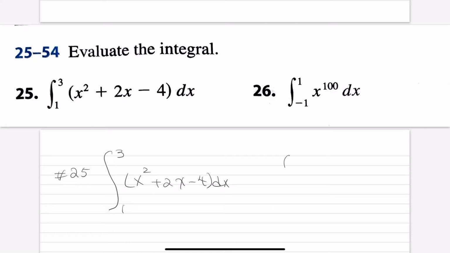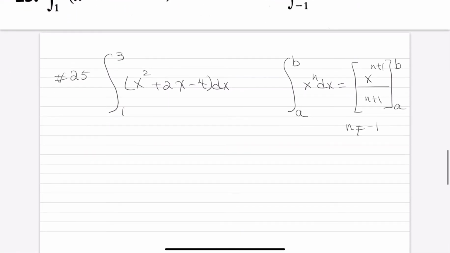If I have the integral going from a to b of x to the n power dx, I will put it in the bracket x to the n plus 1 over n plus 1 evaluated from a to b, and make sure that n is not negative 1. Okay, let me follow that formula.